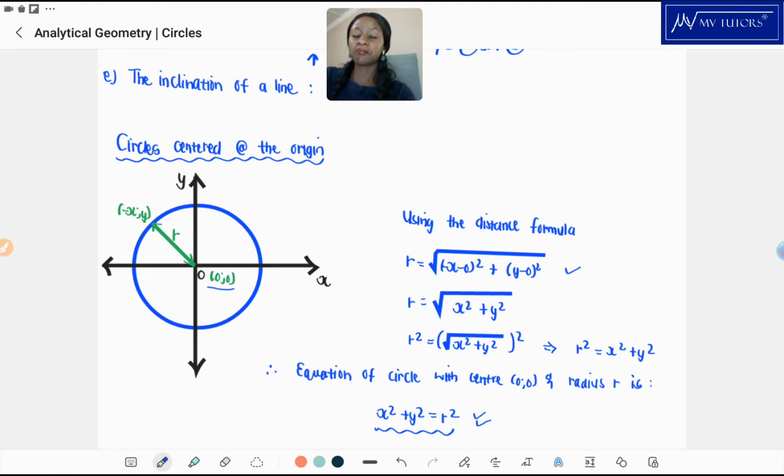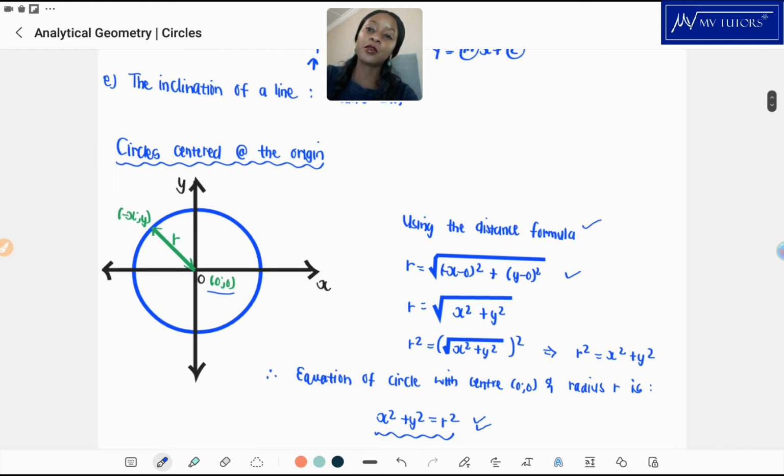It is probably on the formula sheet, but if the center of the circle is at the origin, the only thing that you really need is to get your radius, and your equation is going to be straightforward. It's just x squared plus y squared is equal to r squared. And if they ever ask you to show how you got to that, you can use the distance formula.